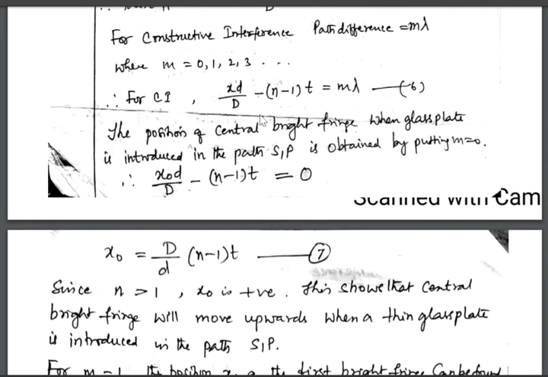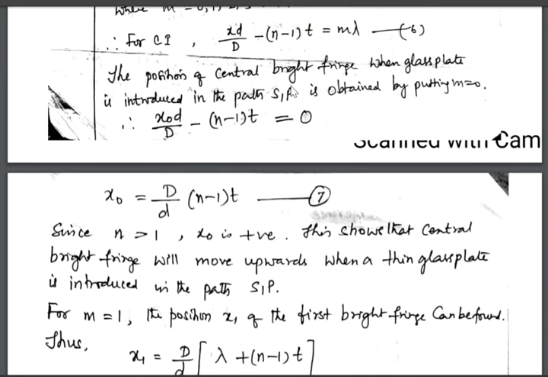Therefore, xD/d − (n − 1)t = mλ, where m is an integer. So equation 6 holds good for constructive interference.